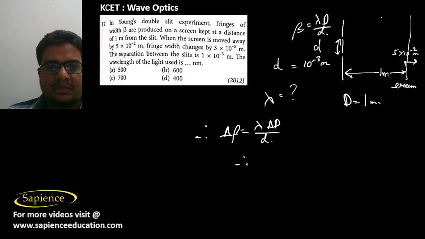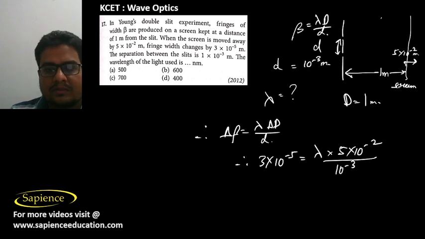Therefore, change in the fringe width, 3 into 10 power minus 5, is equal to lambda into change in D, that is 5 into 10 power minus 2, divided by d, which is 10 power minus 3.